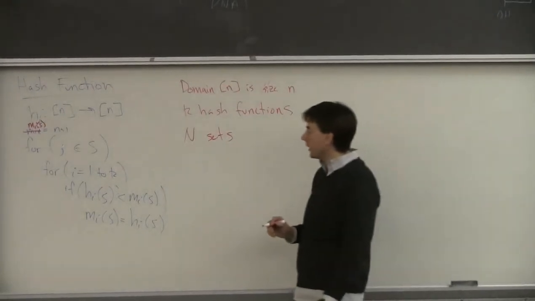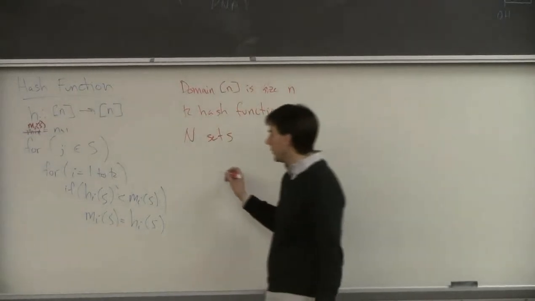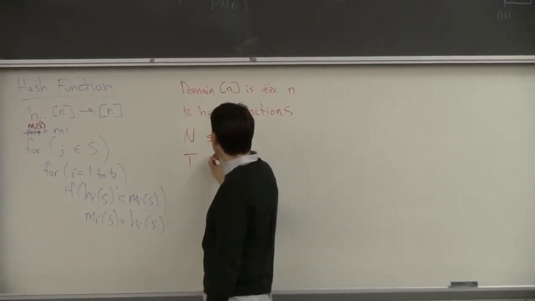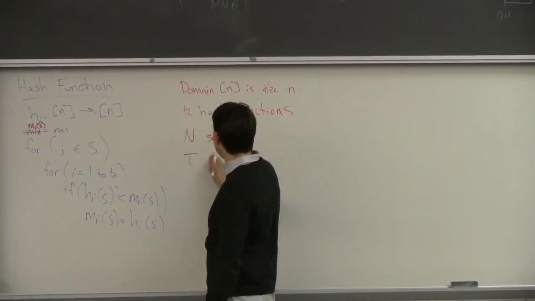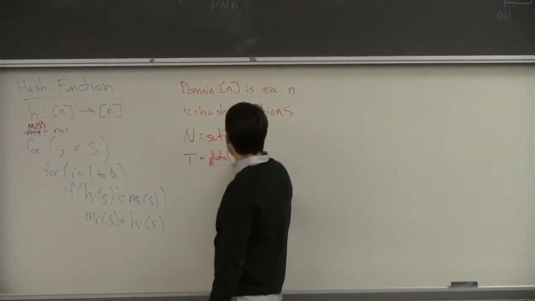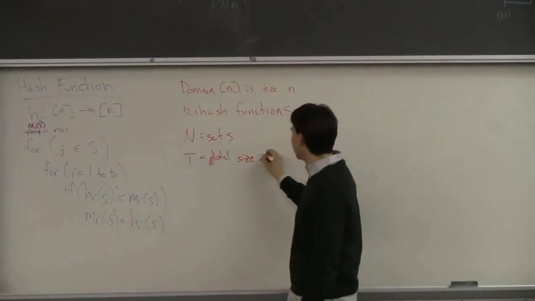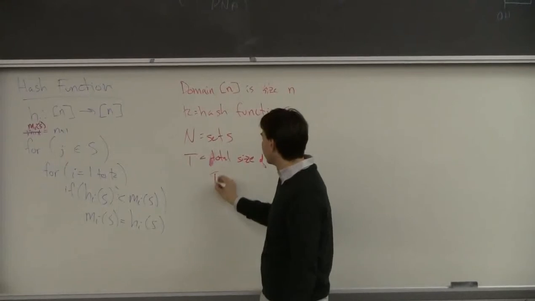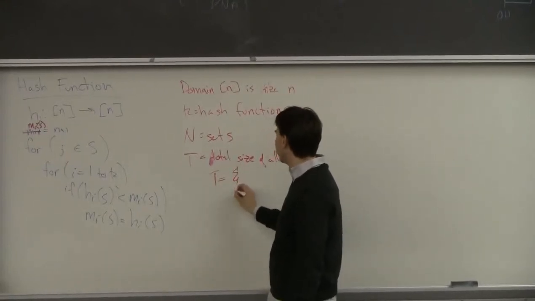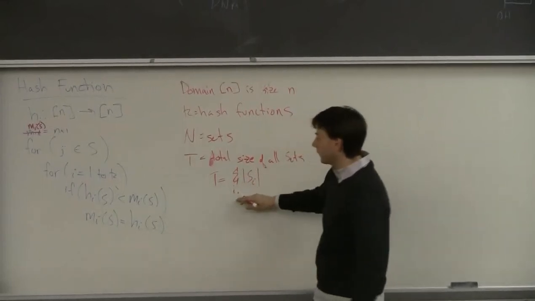And let's say that t is going to be the total size of all sets. So t is going to be equal to the sum over i of the size of all these sets.